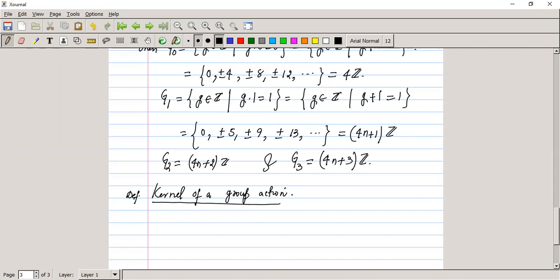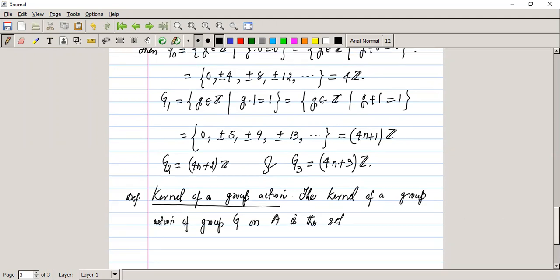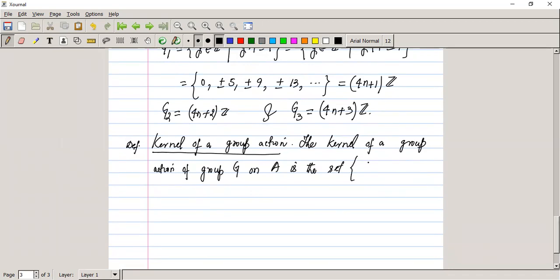So the kernel of a group action of group G on A is the set of elements of G such that G dot A is equal to A for all A belonging to A. So it is the set of those elements of G that fix every element of A.